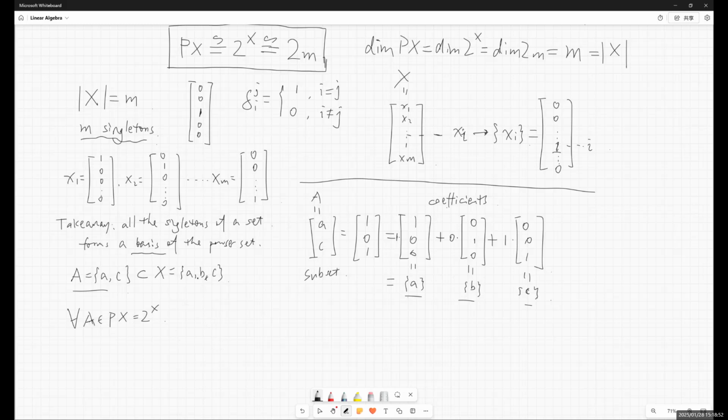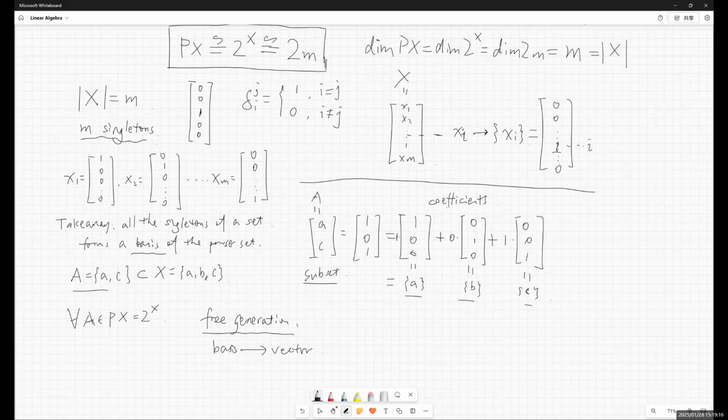So this is a philosophy in mathematics known as free generation. The free generation from a basis to generate a vector, any vector.